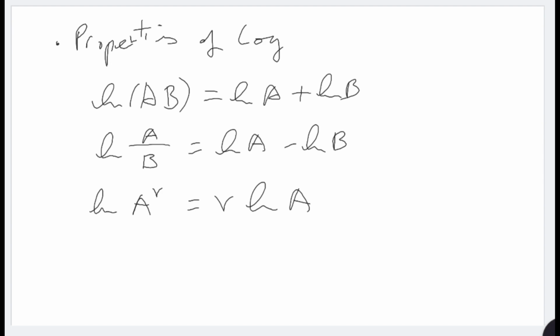Specifically, when you have a product inside log, multiplication of 2 things or more, or even division or power. And so in each case we can kind of split it. We can split the product into a sum, and the log of a fraction into a difference of 2 simpler logs.